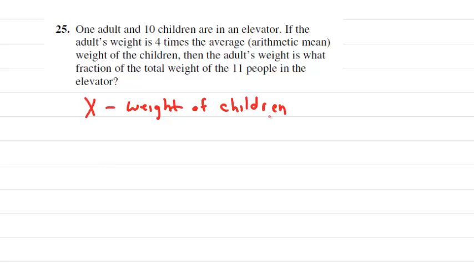then I can go ahead and say that X is the weight of each of the children. I can say that 4X is the weight of an adult.